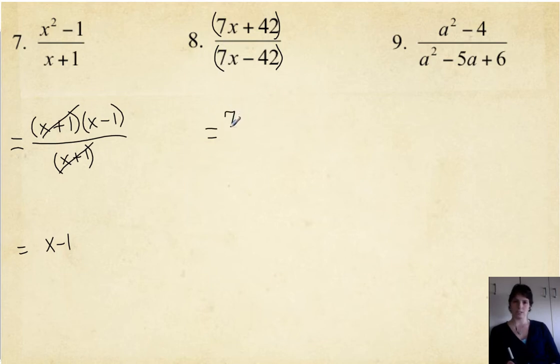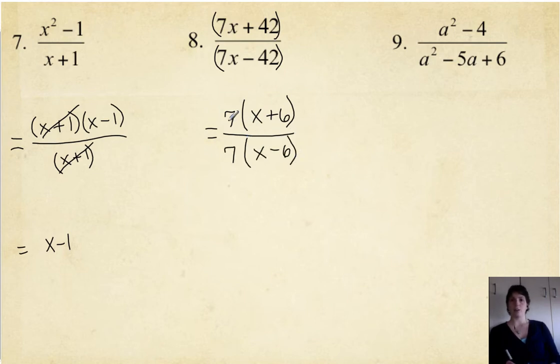So let's change it. 7x and 42 are both divisible by 7. It becomes 7 times x plus 6 over 7 times x minus 6. I think I misspoke earlier. Now that we have multiplications, any quantities that are matching can become 1s, because I have to be able to multiply.